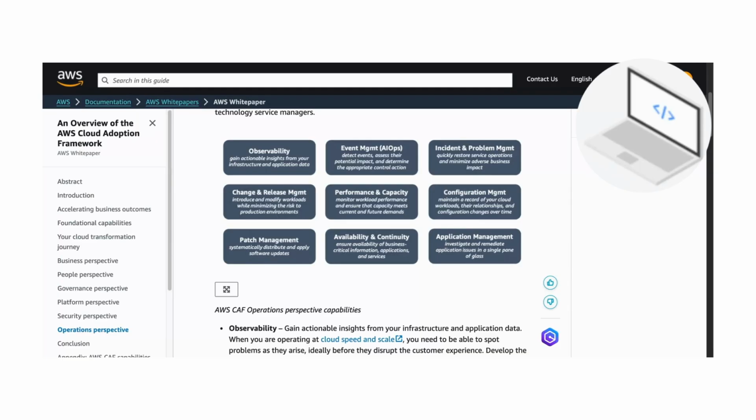Now, the trick is to apply these updates during maintenance windows that won't disrupt your operations, especially when you're dealing with critical security patches. Those need to be rolled out ASAP to minimize risks. But before you push those patches to your production environment, it's a good idea to test them out first. This way, you can catch any potential issues before they affect your users.